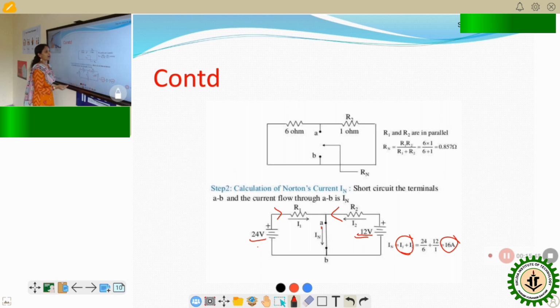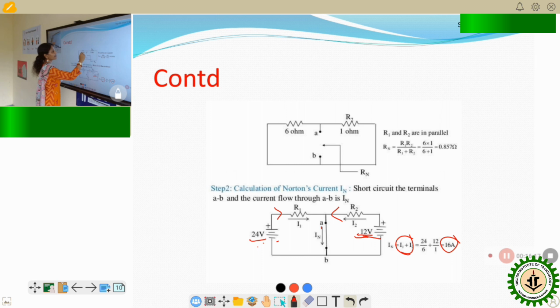Then calculate RN. Before calculating RN, remove all the voltage sources from the network. As this network has two voltage sources, draw the network with both voltage sources short circuited, and RL removed and open circuited. From this open-circuited terminal, view back into the network.